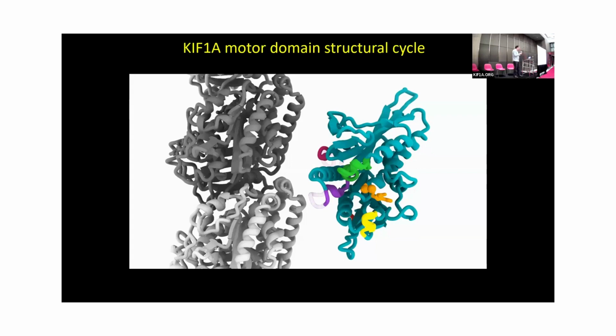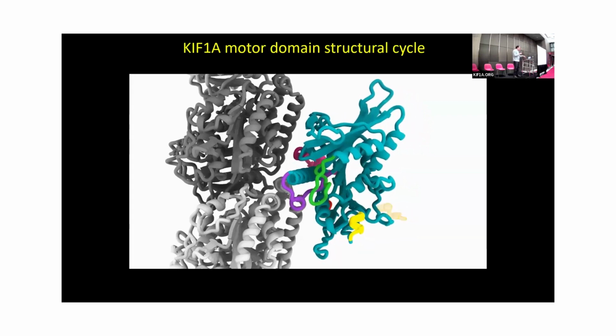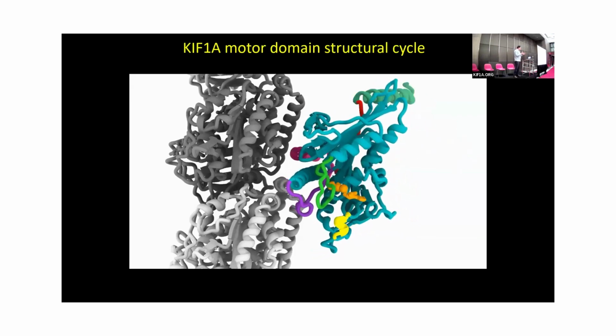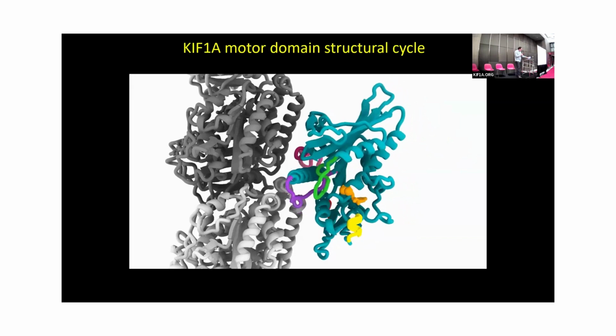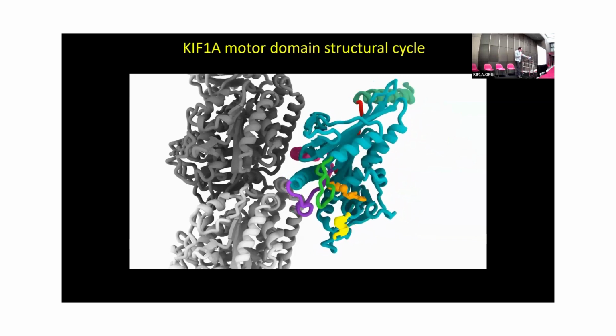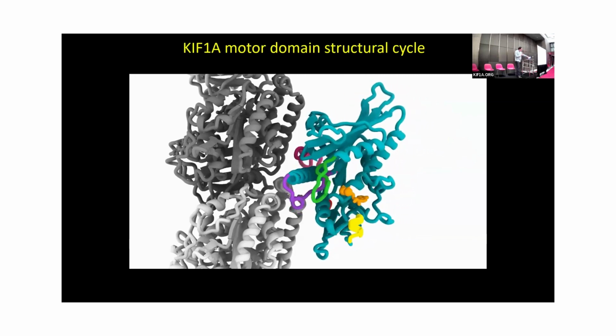So, to summarize, here you see the complete cycle of conformations of one motor domain. Starting from the free kinesin, it binds to the microtubule, something moves that opens this pocket, ADP, which is the orange molecule, gets released, and then ATP comes back.